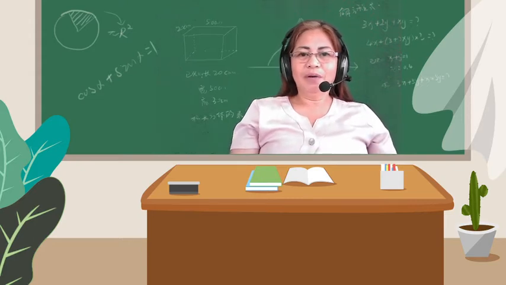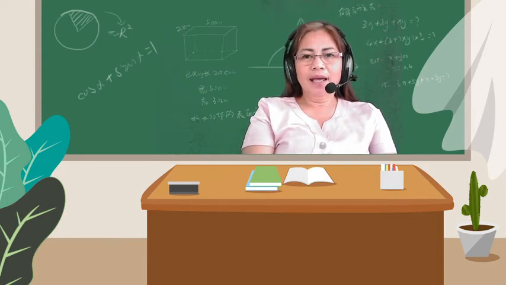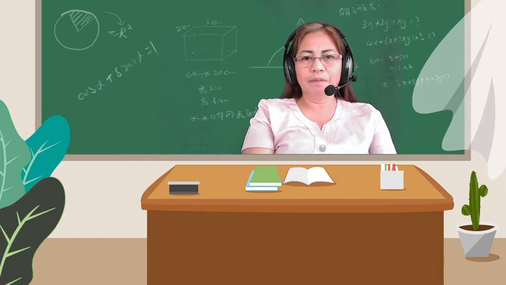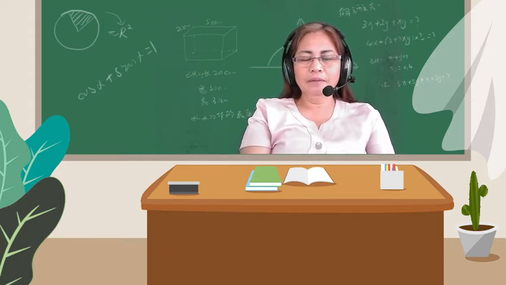So, that's the relationship between fraction, decimal, and percent. From fraction to decimal, you're going to divide the numerator by its denominator. From decimal to fraction, you're going to read the decimal and write it in fraction.